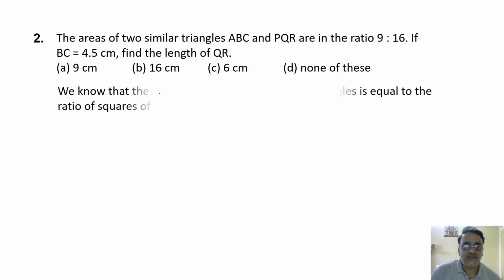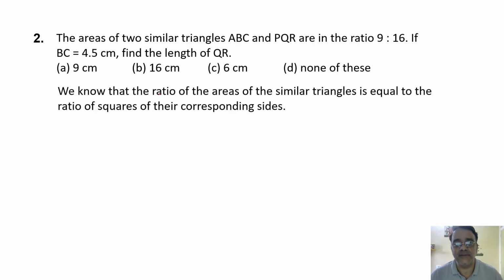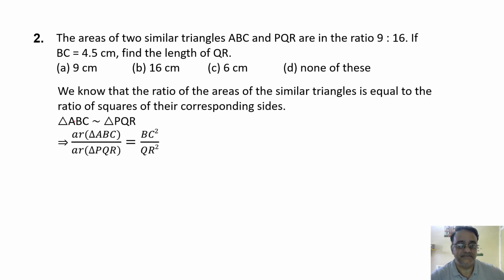We know that the ratio of the areas of two similar triangles is equal to the ratio of the square of their corresponding sides. Triangle ABC is similar to triangle PQR, so area of triangle ABC upon area of triangle PQR is equal to BC square upon QR square, and the ratio is given, that is 9/16.